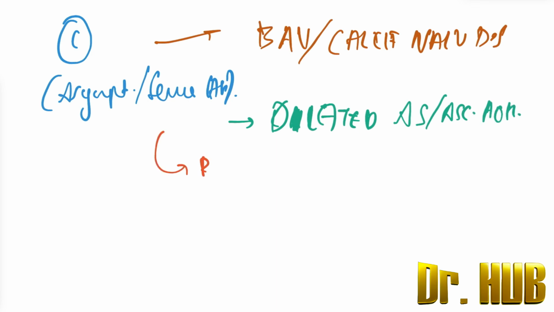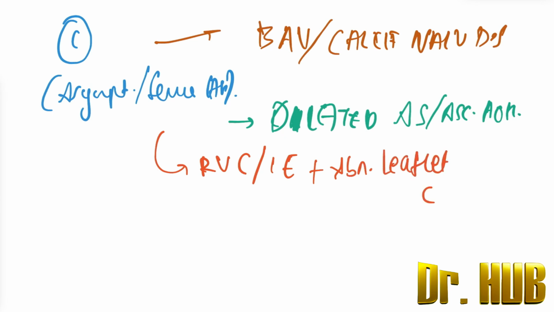Then comes rheumatic valve changes. Then the IE, infective endocarditis, with abnormal leaflet closure or perforation.